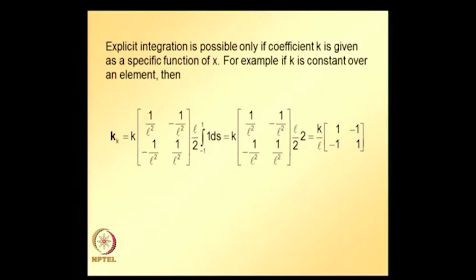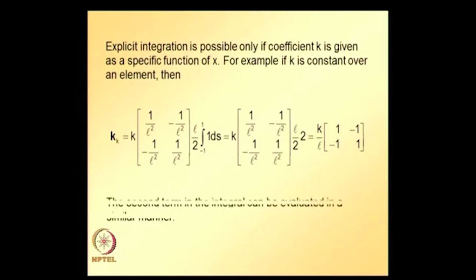So the first term appearing in the equivalent functional, after making substitution in terms of finite element shape functions and their derivatives, is this, and this equation is valid only if k is constant over the element. So this is the first term simplification.